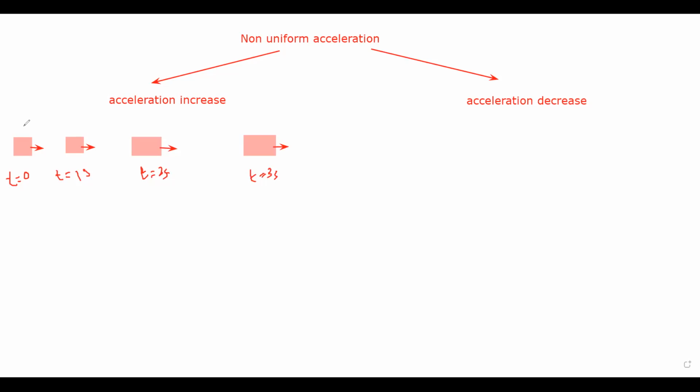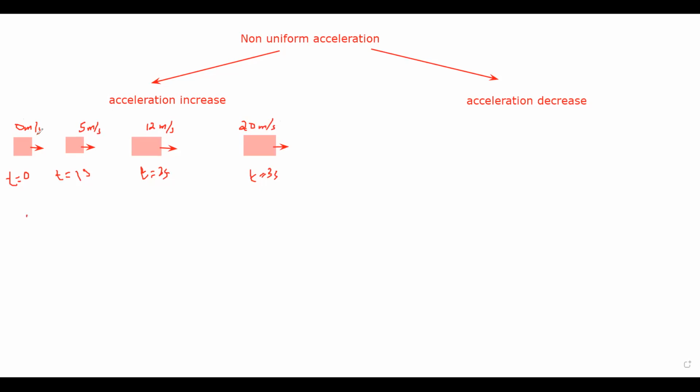The speed of the object at this point is, for example, 0 in the beginning. At this point it is 5 meters per second, then it is 12 meters per second, and then it is 20 meters per second.